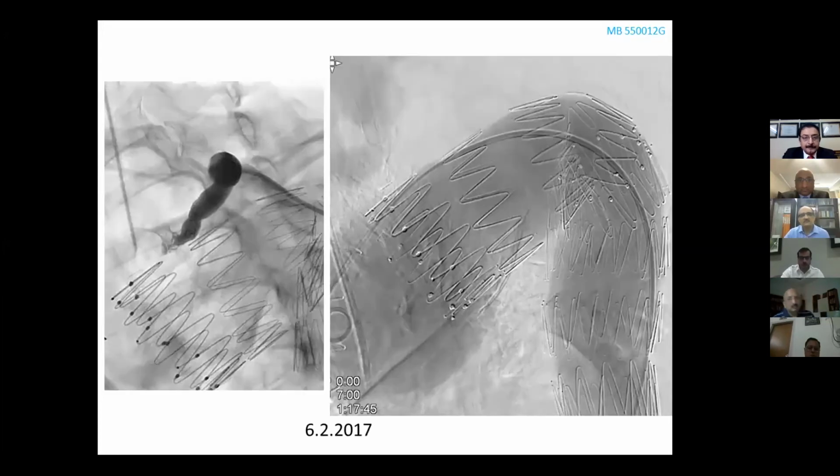So, a very difficult situation, and here's a patient who was very acutely sick and had very difficult anatomy to deal with. She had this type 3 kind of arch with a sharp bend there, and we don't have subclavian access on the left side.